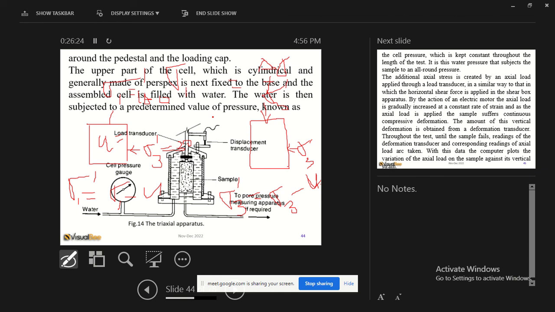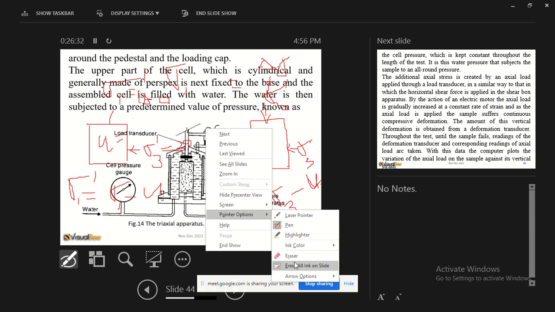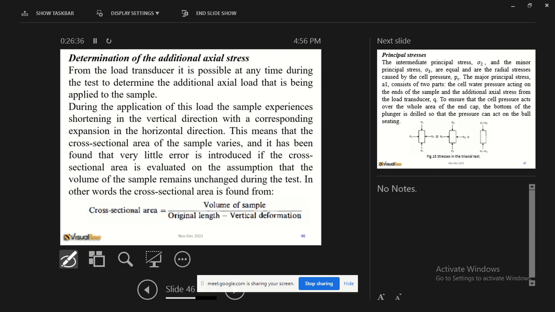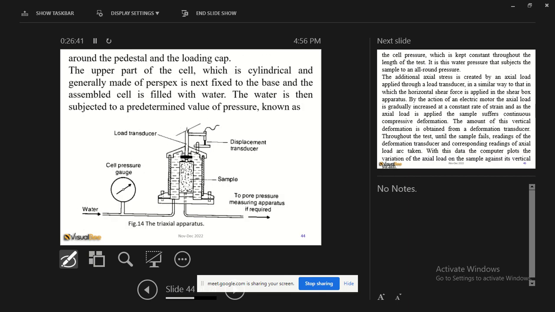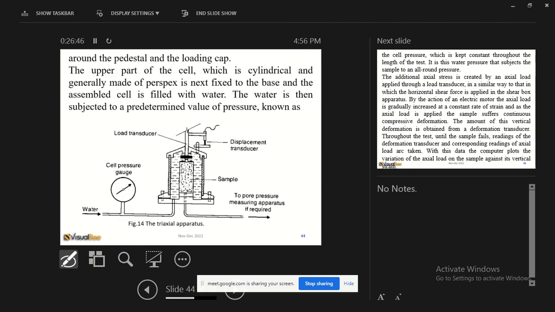All right. So here you have sigma 1 and sigma 3, and you can even have the excess pore pressure. So this is telling you the mechanics of the test.